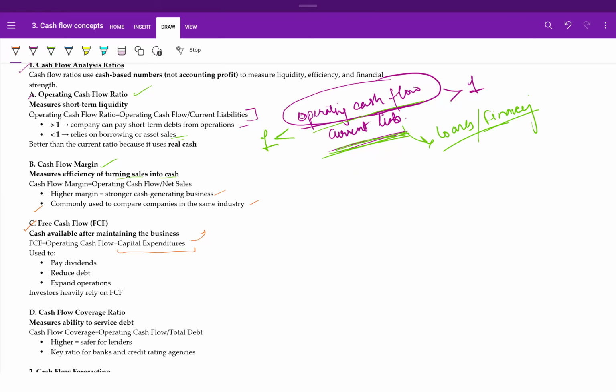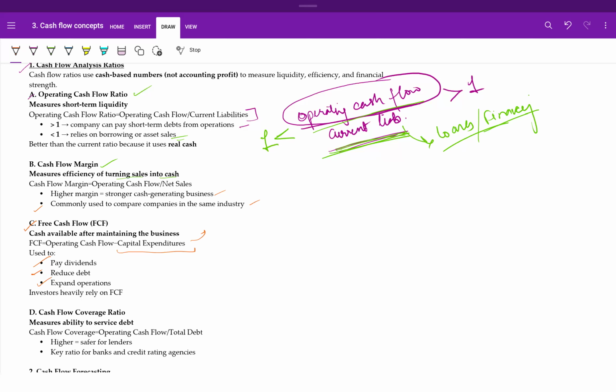Free cash flow can be used to pay dividends, to reduce debt by repaying it, and to expand operations. Investors heavily rely on free cash flow because it reflects the company's financial flexibility and long-term strength.